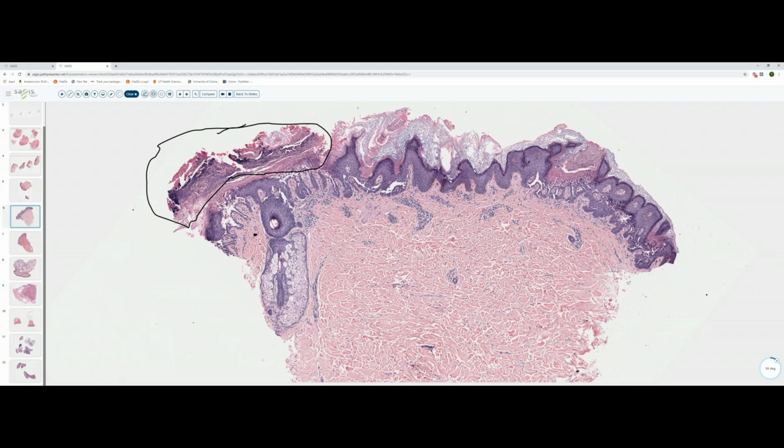Unlike this particular example, warty dyskeratomas tend to be endophytic and circumscribed. One can also see focal acantholytic dyskeratosis in isolated keratoses, so-called acantholytic dyskeratomas. Those can also be multiple.